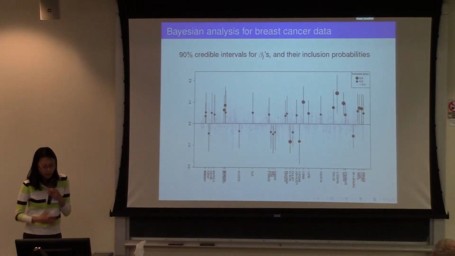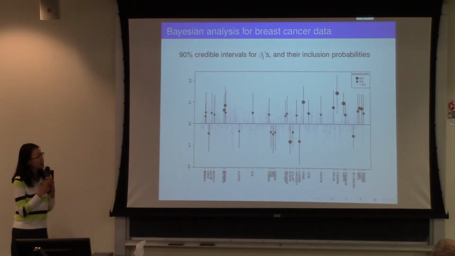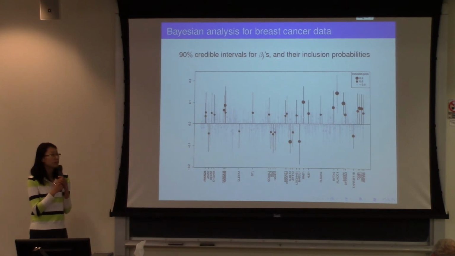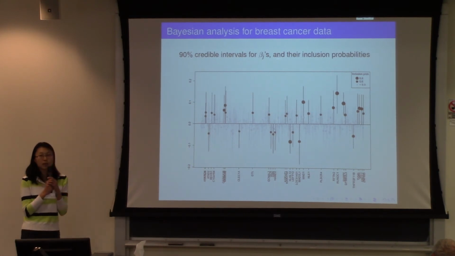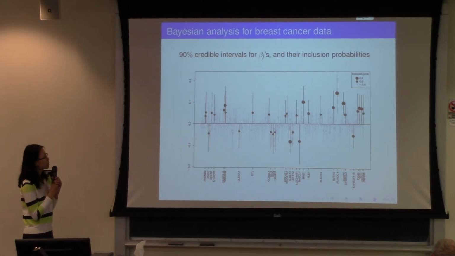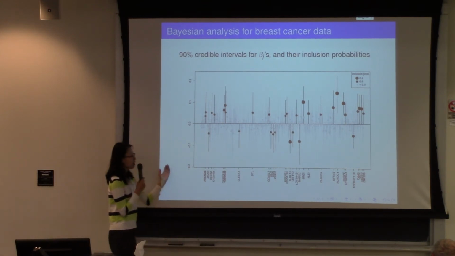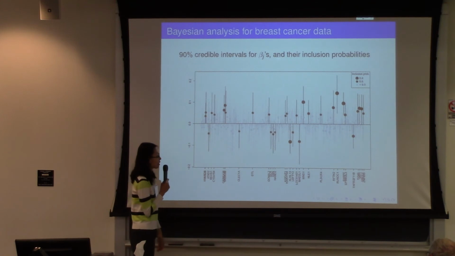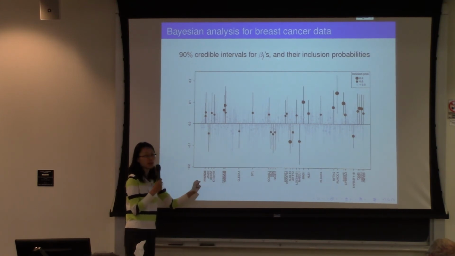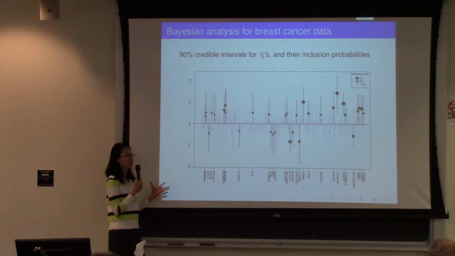So we use the Bayesian Enet model I just proposed. Here is a picture of some of the inference you could do. On the x-axis are the 655 potential predictors.